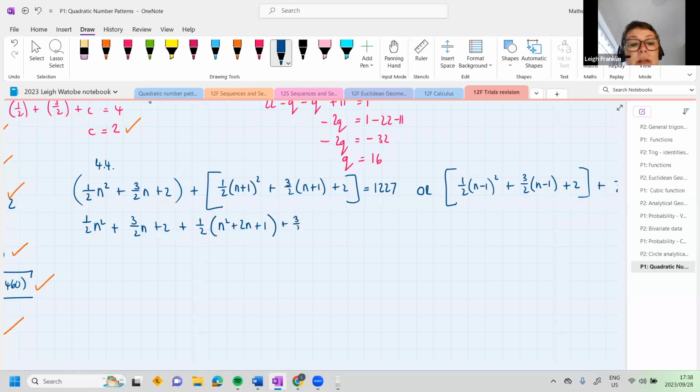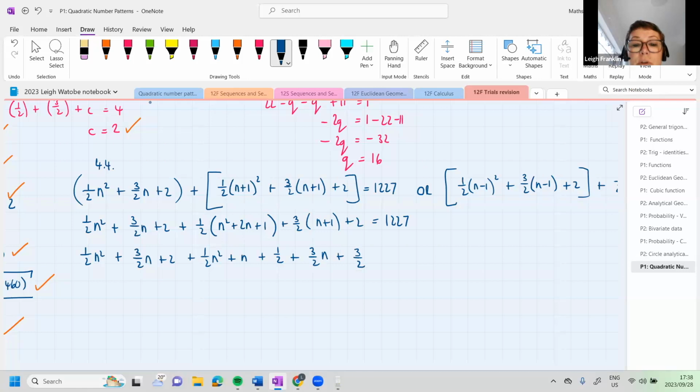Then I'm just going to leave that as it is and remove all my brackets at the same time. So we're going to end up with half n squared plus 3 over 2n plus 2, plus half n squared plus n plus a half plus 3 over 2n plus 3 over 2, goodness gracious me, plus 2 equals 1227.